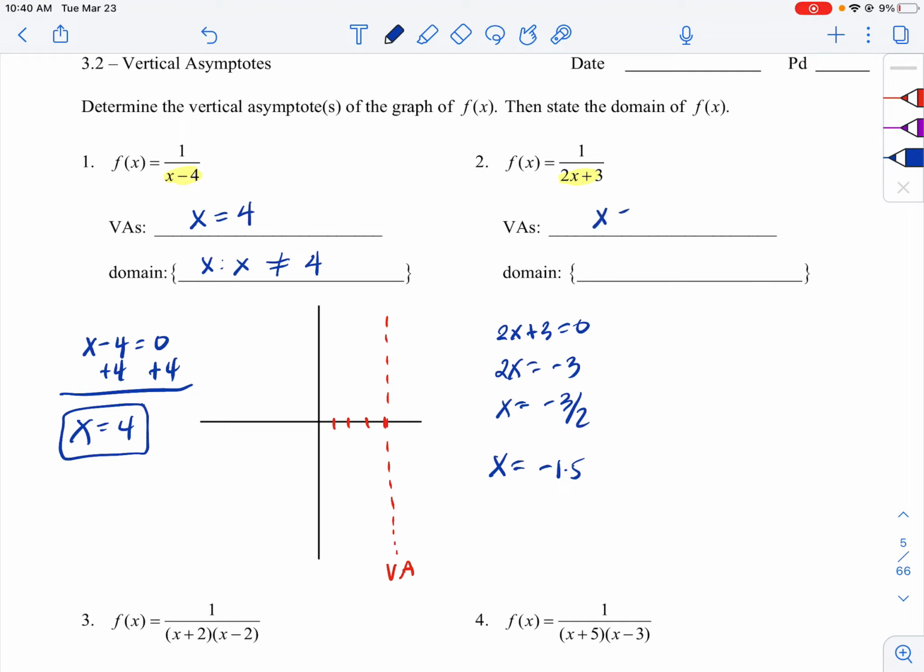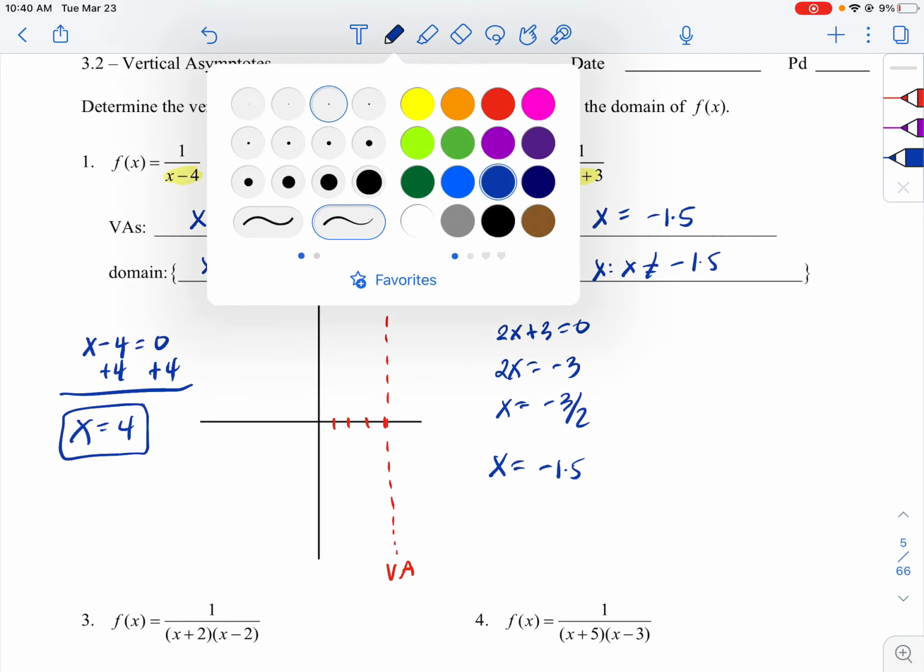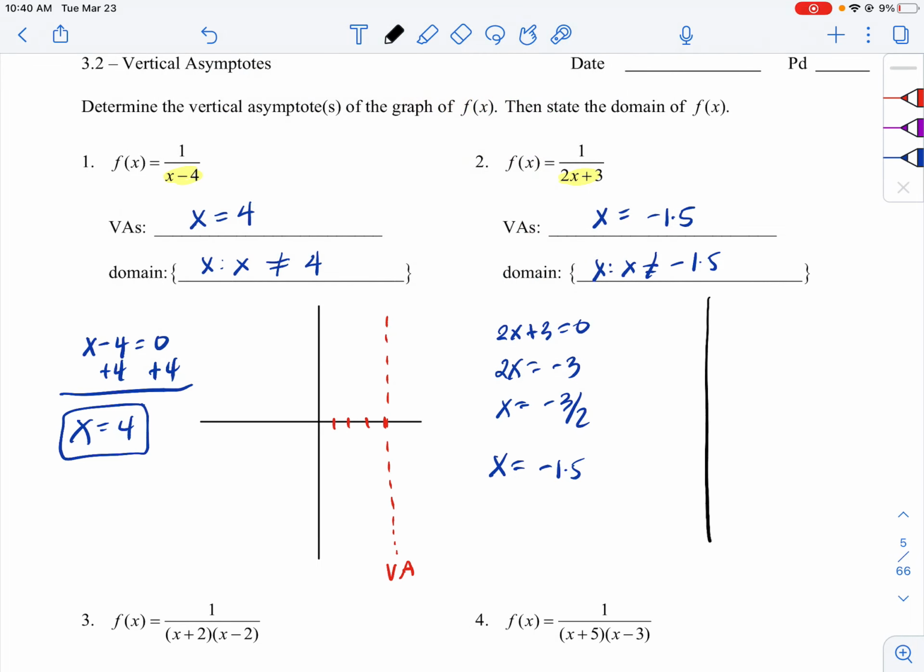So our x is equal to negative 1.5 or negative 1 and 1/2. For my domain restriction, I can use any number, any positive number, any negative number, including 0, but I cannot use a negative 1.5, because if I do, that will make my whole entire equation undefined.